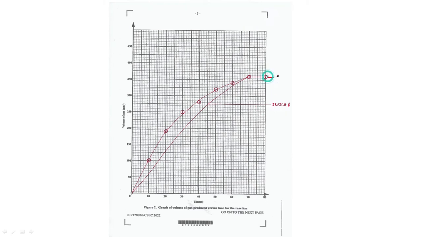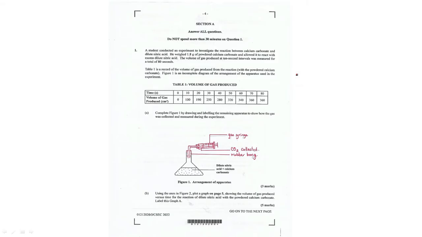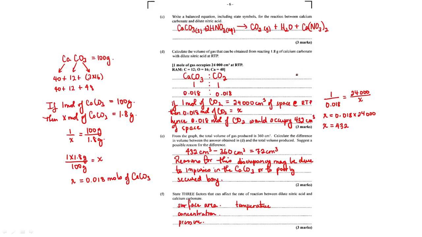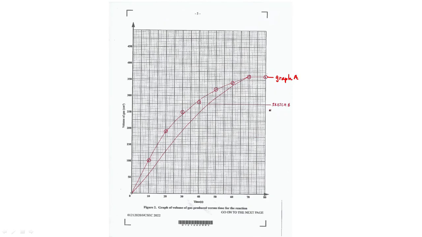They said to label this one graph A, and the next one said to label it graph B. So not sketch B, we label it graph B.